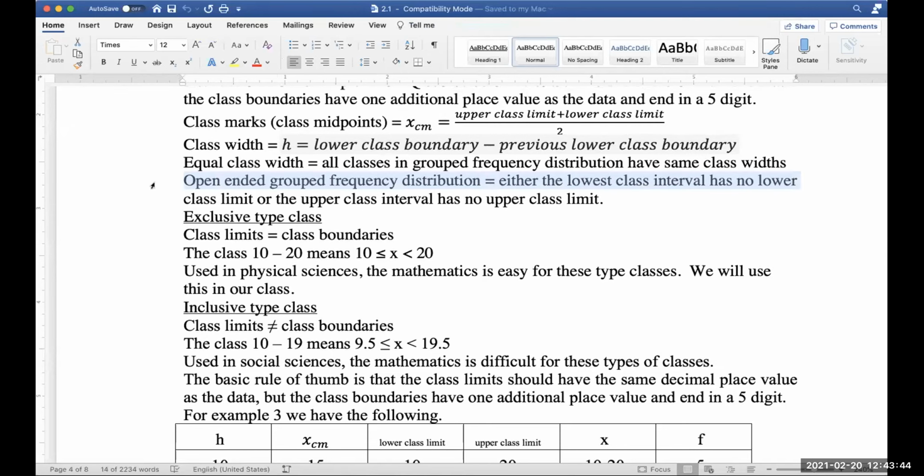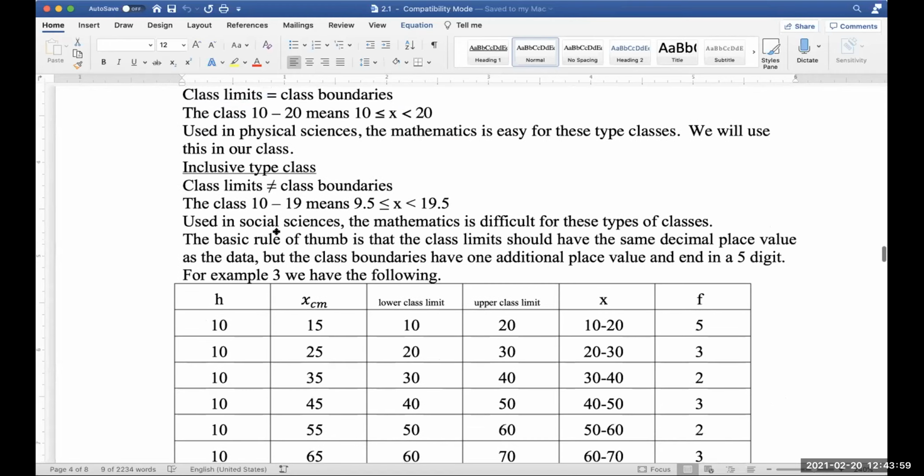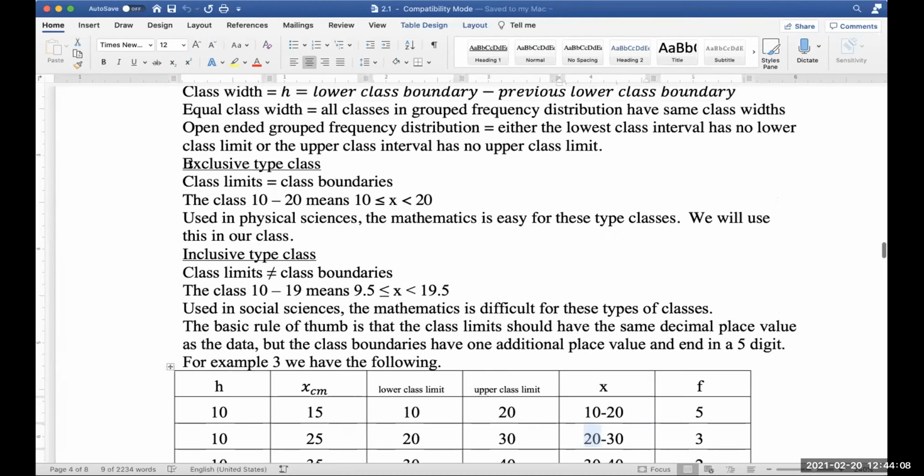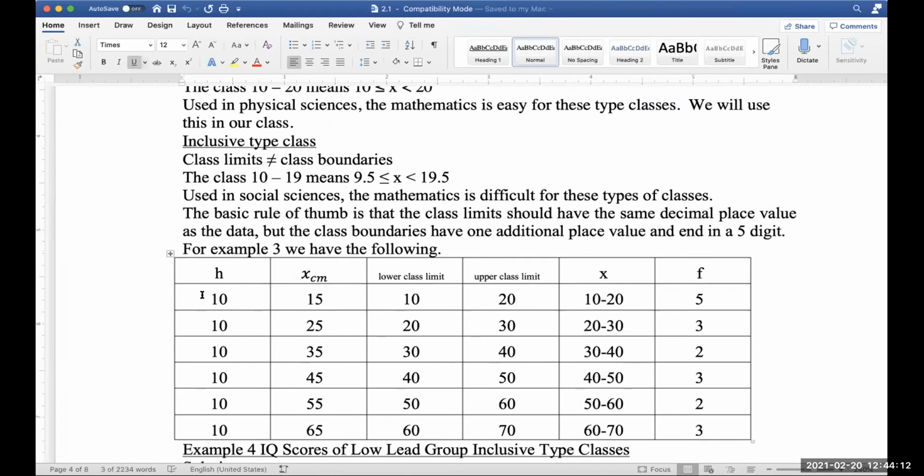Now, in general, the class width is again the lower class boundary minus the previous lower class boundary. If you're talking about these classes where they join up, my exclusive type classes, then it doesn't really matter what you do to define the class width.